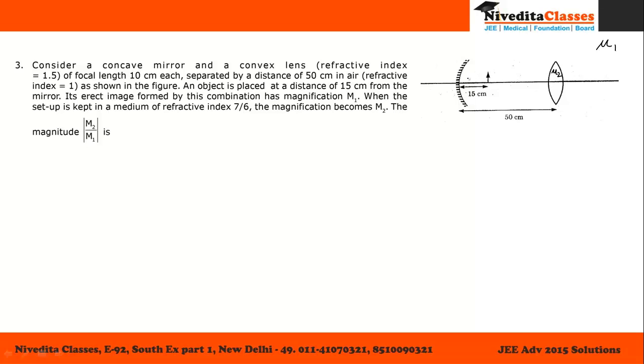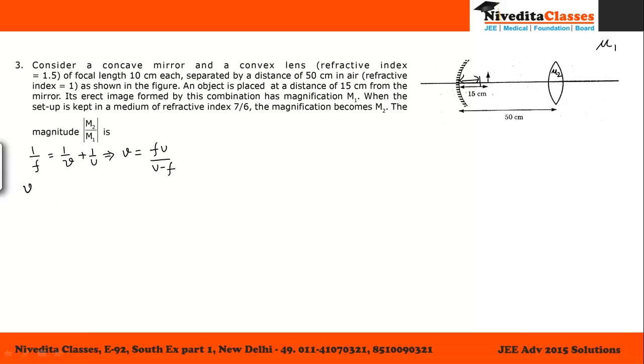Here we are given that the focal length of the mirror is 10 centimeter, and the object has been placed at a distance of 15 centimeter. As we know, our mirror formula is 1 by f is equal to 1 by v plus 1 by u, and rearranging this formula I can say that v is equal to f u divided by u minus f.